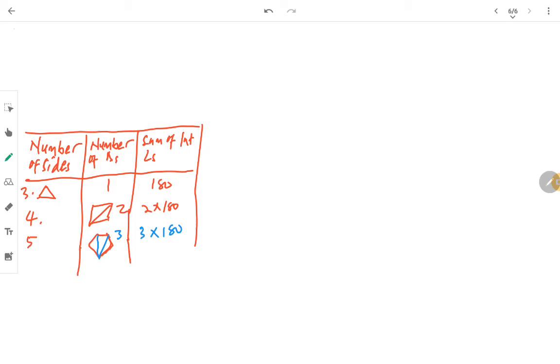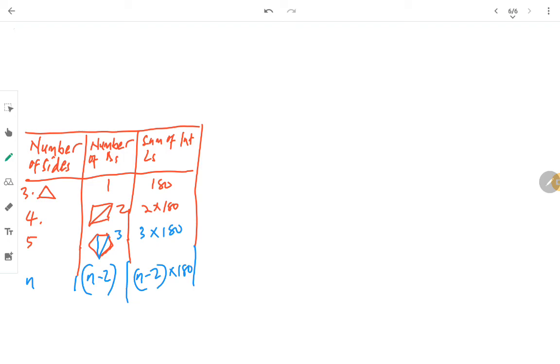Okay. So in other words, we are saying that if the number of sides is n, the number of triangles is n minus 2. If there are 3, 3 minus 2 is 1 triangle. 4 minus 2, 2 triangles. So here, it becomes n minus 2 times 180. That is the sum of all interior angles of a polygon.